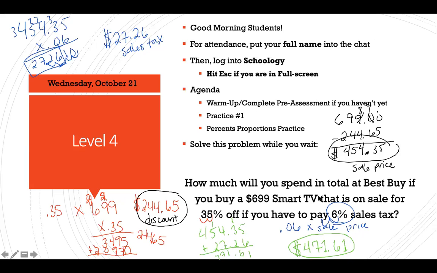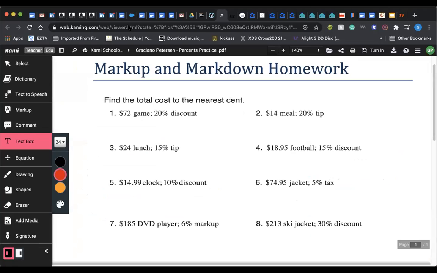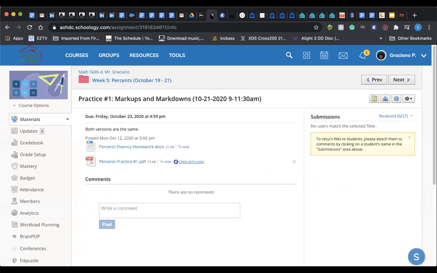All right, so a markup is going to be anytime we have to add something to a price. So markups include tips and taxes, and markdowns are discounts, so we're going to subtract. Oh, I did not even show you guys how to get here again. All right.